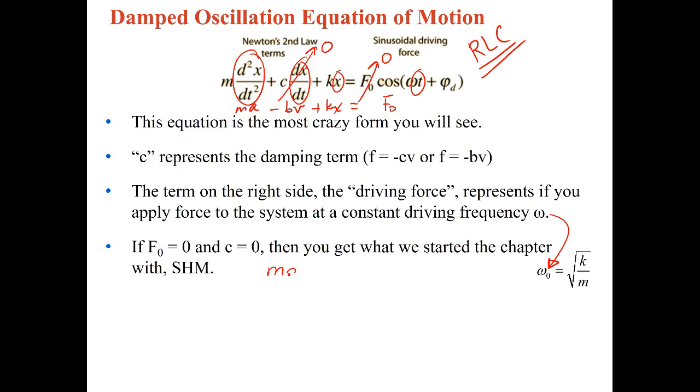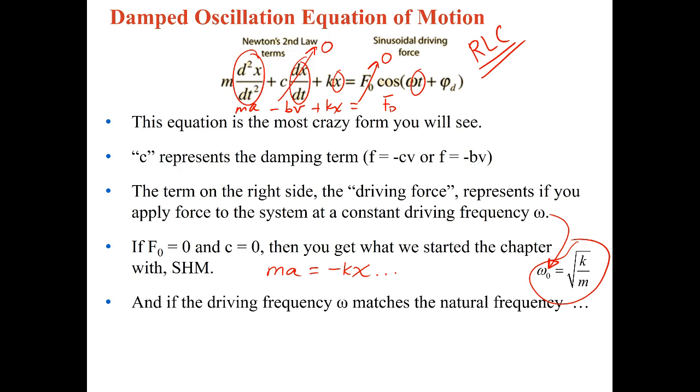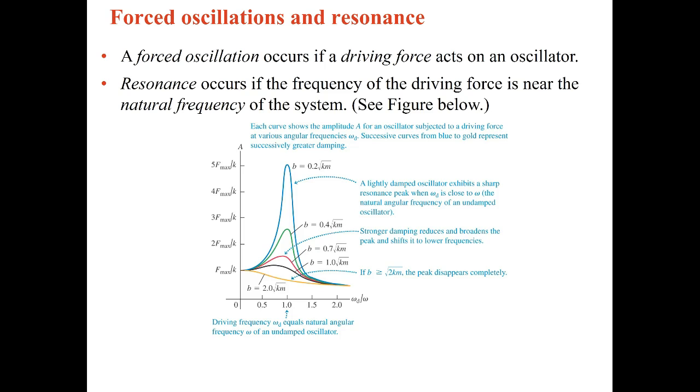You get basically ma equals negative kx, and in that case, you get omega naught equal to root k over m. However, if you have a driving force that matches the natural frequency, you get resonance.